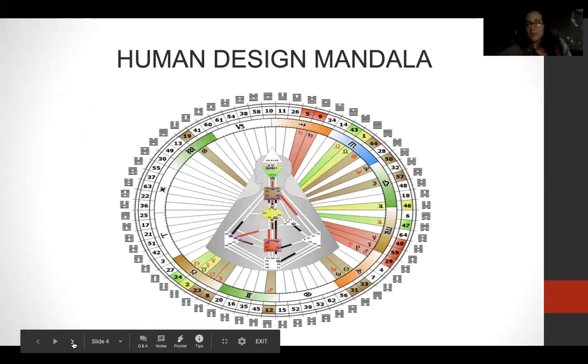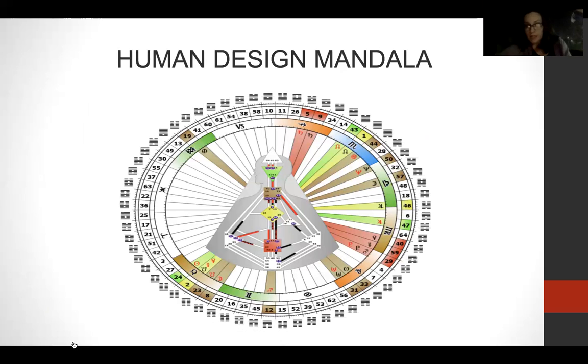This is what a human design mandala looks like. Now, this is not typically what you will get in your charts that you pull online or that we pull for you. But as you can see on the outside here, these numbers on the outside, well, it's not the numbers, it's the symbols, the little square looking things. That's part of the I Ching. And the numbers on the outside, you'll see there's 64 numbers here, but they're not in chronological order.